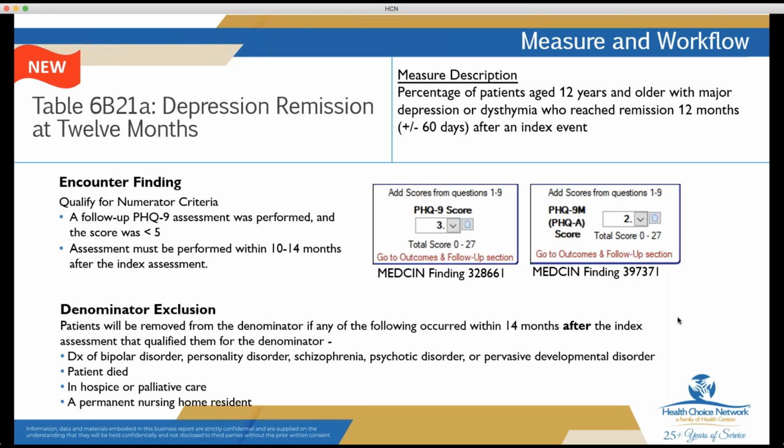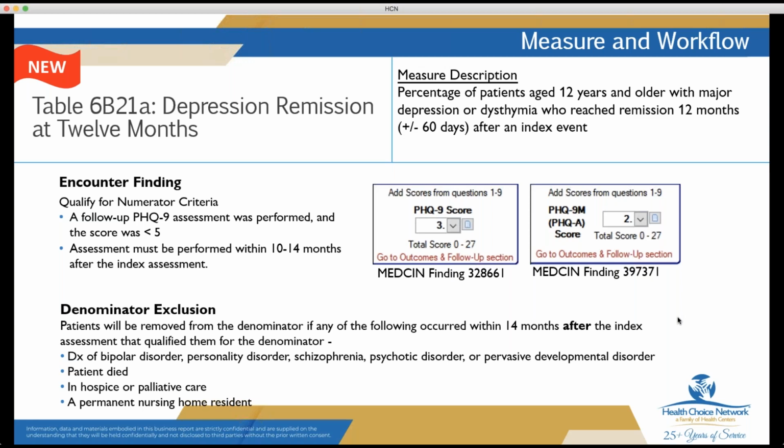Okay, now this measure does have several exclusions. The first is a diagnosis of bipolar personality disorder, schizophrenia, psychotic disorder, and pervasive developmental disorder, and that would be documented in the problem list.